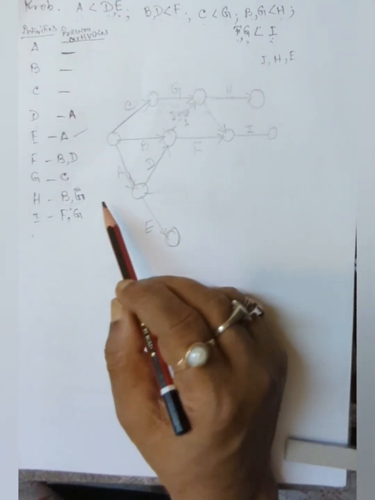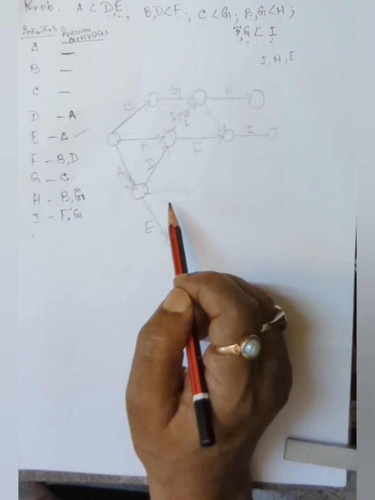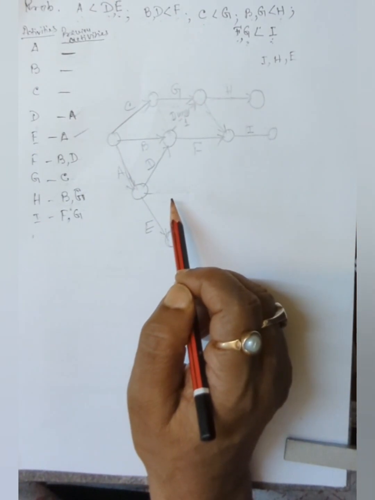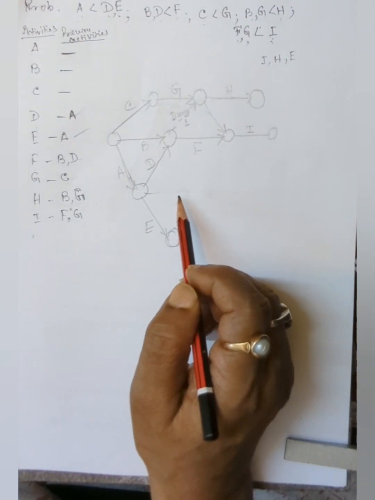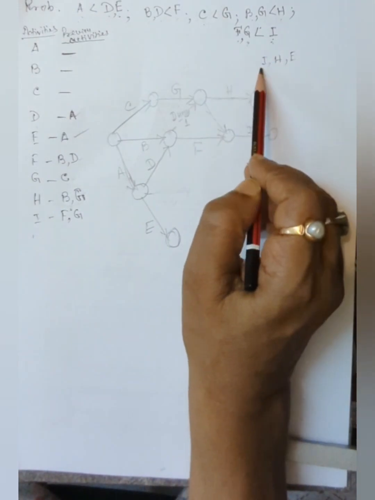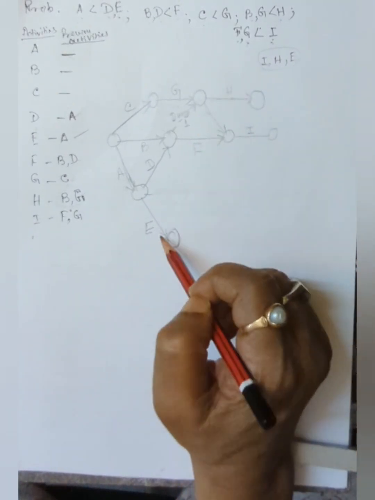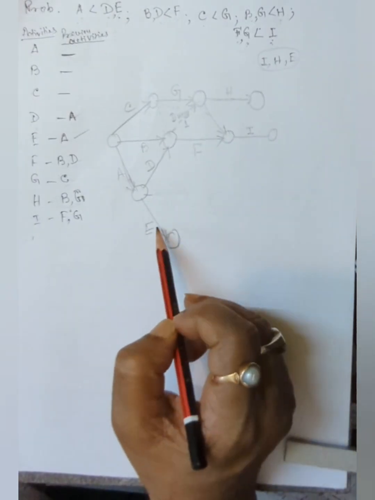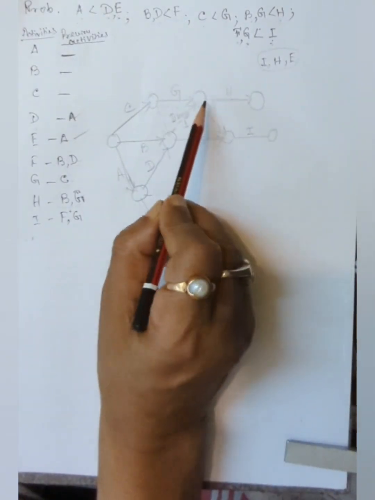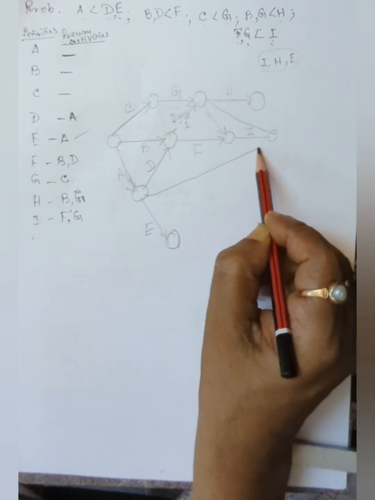Now all the activities we have taken, but the final activities cannot be left out. They should be merged to a point. Which are the terminal activities? I have already mentioned here also for easy understanding, but from the picture also it is shown: H, I, E. That means you merge all these to a single point.